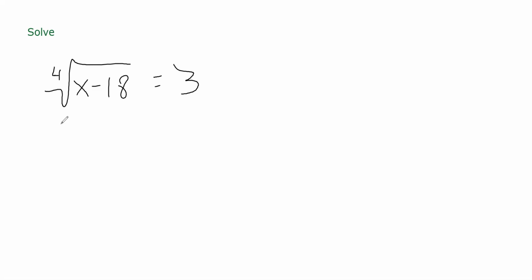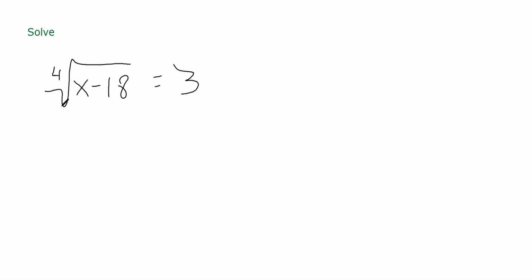What happens is you might accidentally be introducing new possibilities for solutions that actually shouldn't be there. So if you're going to raise both sides of an equation to something, you need to check your solutions in the original equation, make sure they make sense. And that's going to be very crucial here.